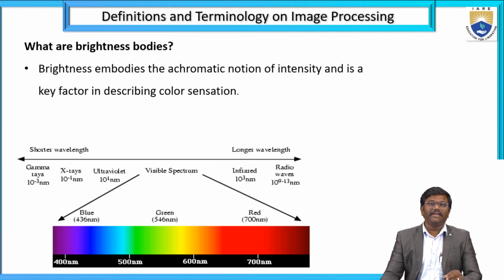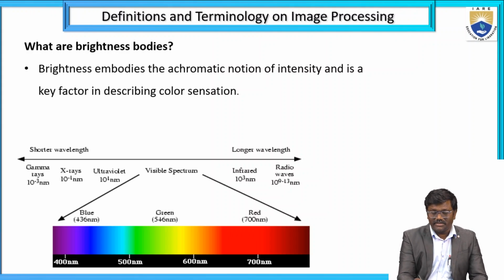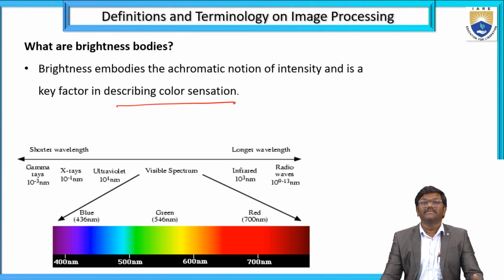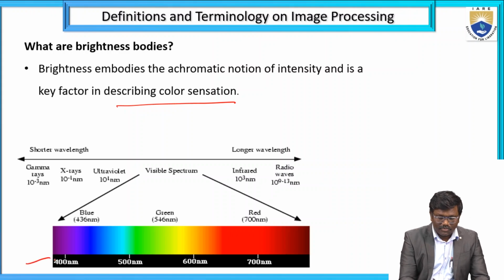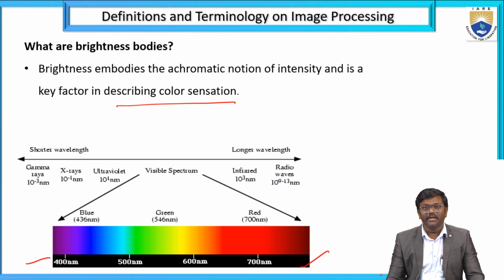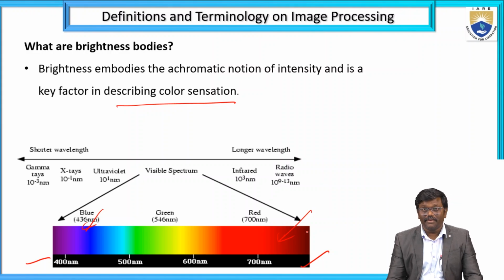What is brightness? Brightness embodies the achromatic notion of intensity and is a key factor in describing color sensation. How does this color sensation happen in the range of 400 nanometer to 700 nanometer? You see these different colors. At 400 nanometer, what type of color can we observe? At 700 nanometer, what color do we observe?